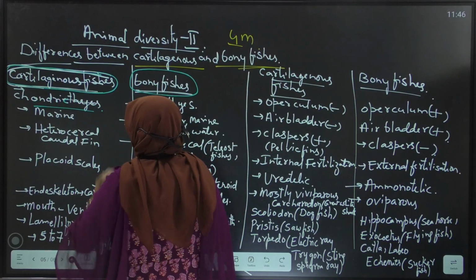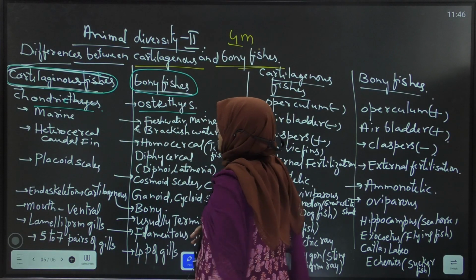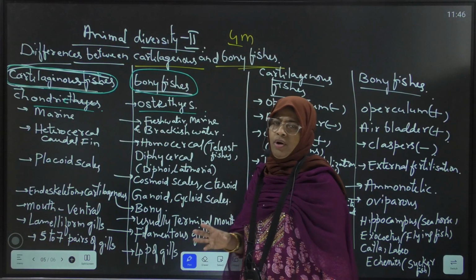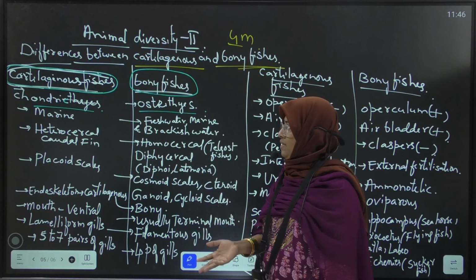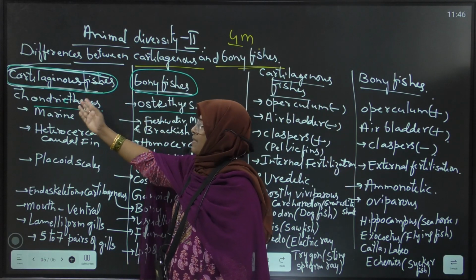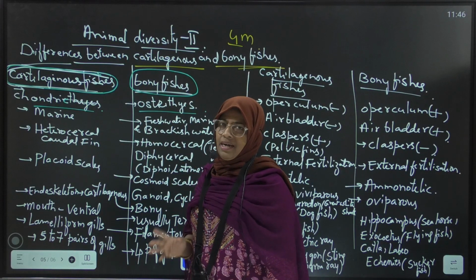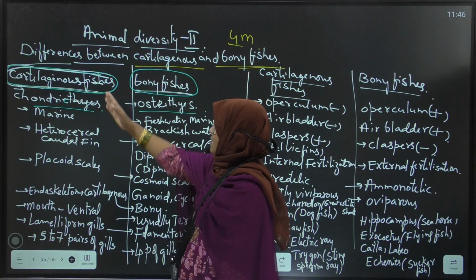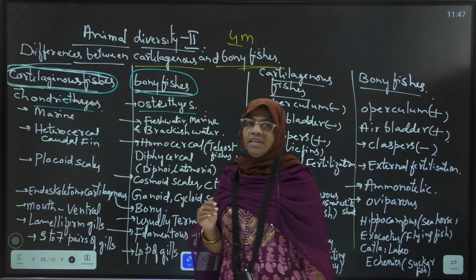Why? Chondri means cartilage, ichthyes means fishes. Bony fishes are included in Osteichthyes. Osteo means bone, ichthyes means fishes. The study of fishes is called ichthyology. So cartilaginous fishes are included under class Chondrichthyes, and bony fishes are included in Osteichthyes.